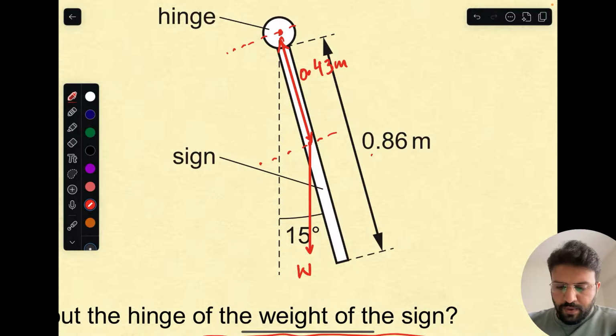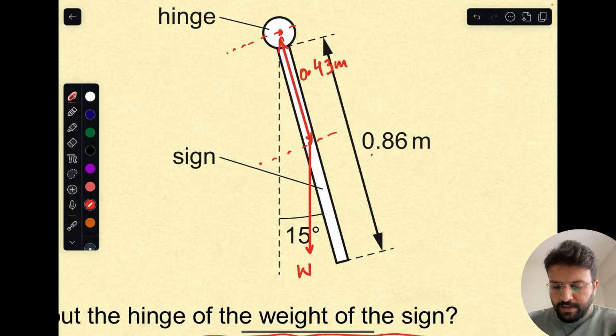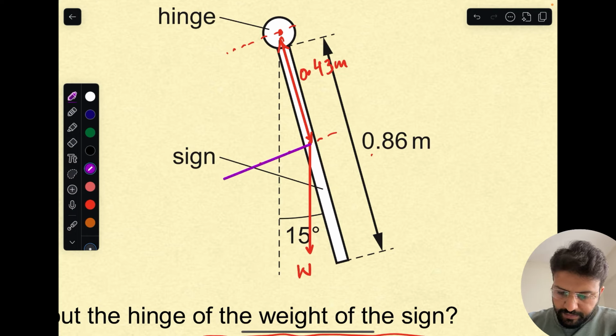Now what we have to look at, if you remember the definition of moment, it is the force multiplied by the perpendicular distance to the force. So we have to find the components of this weight. There are two components of this weight. One will be perpendicular to the surface like this, and one will be along the surface like this.